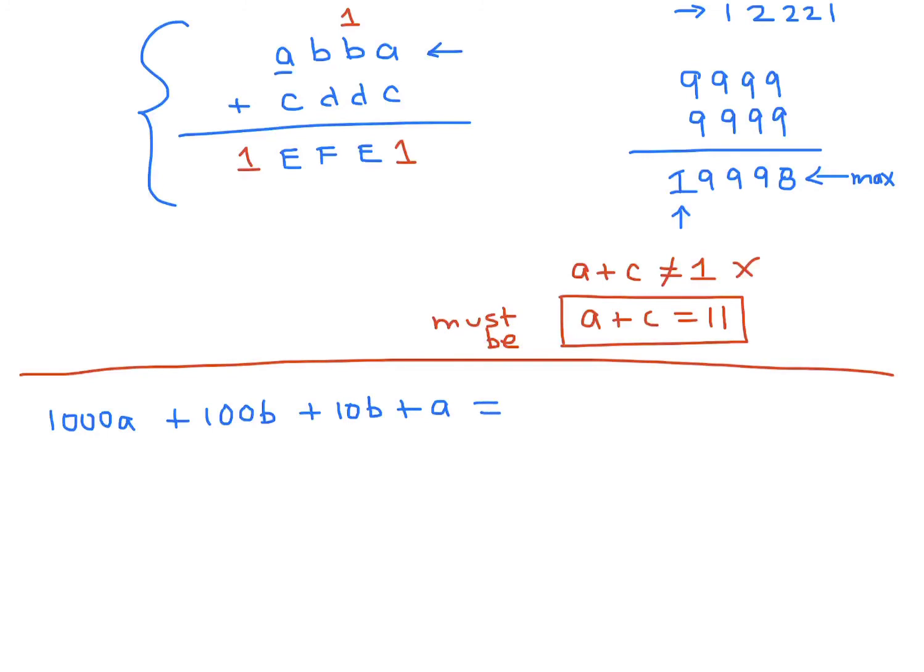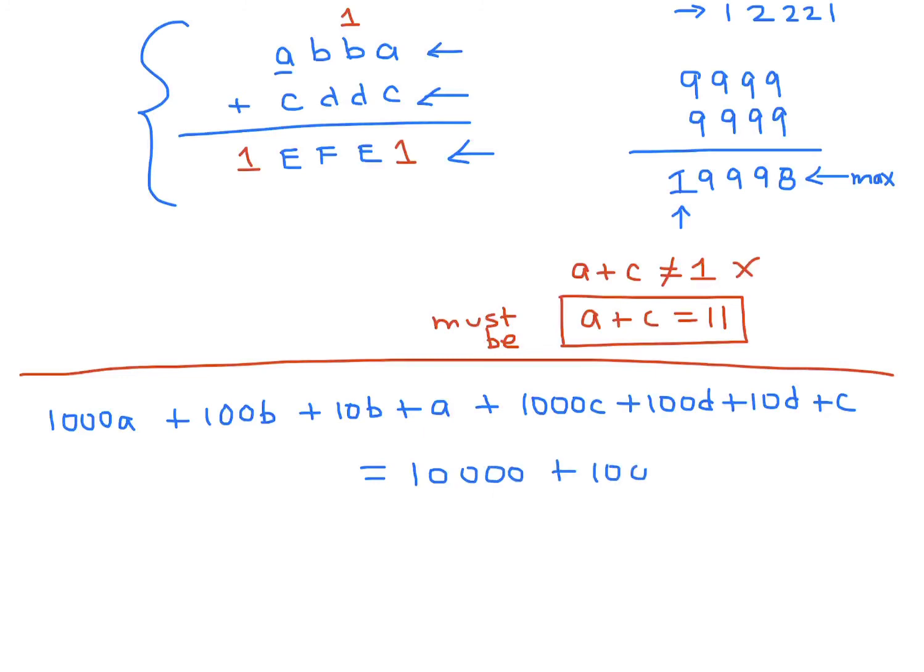Correct? And you are adding to that number, which is very similarly 1,000 times C, plus 100 times D, plus 10 times D, plus C. And that equals this number, which is 10,000 plus 1,000 E plus 100 F plus 10 E plus 1.